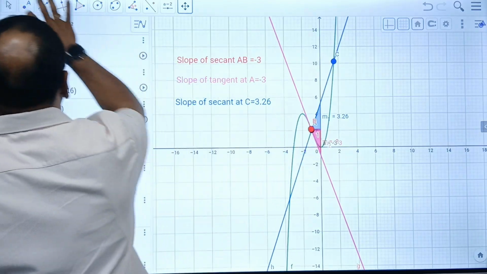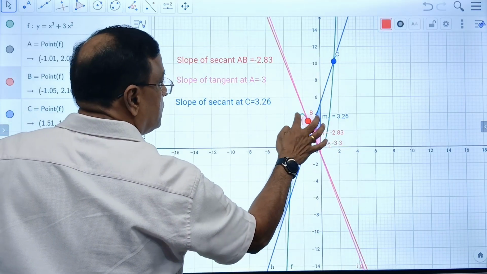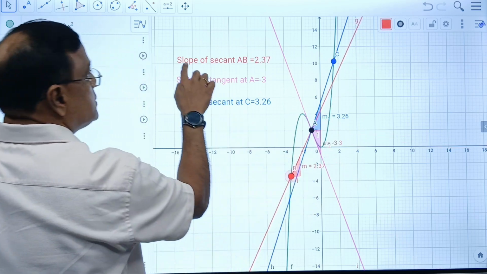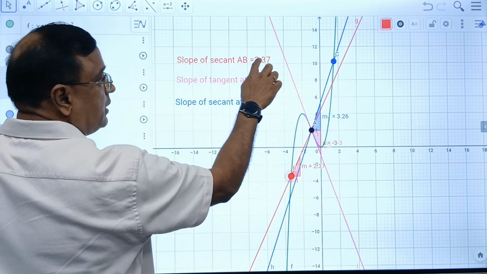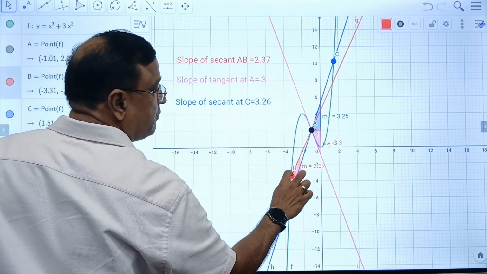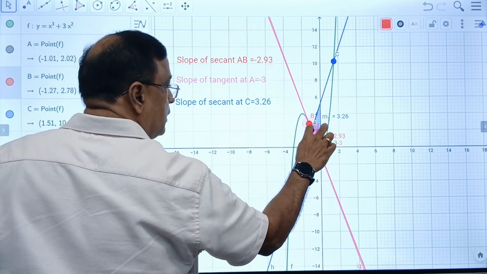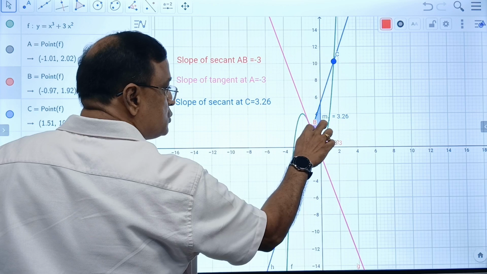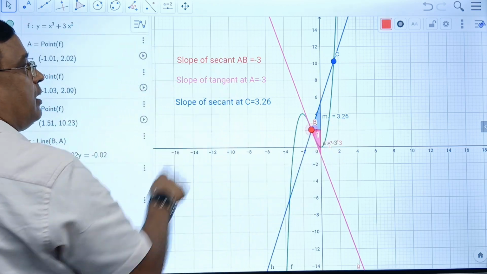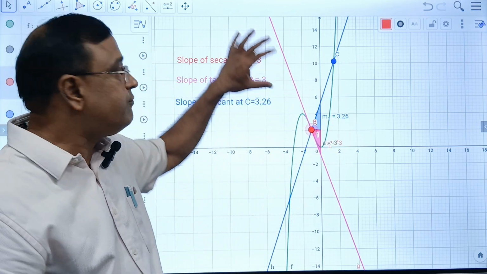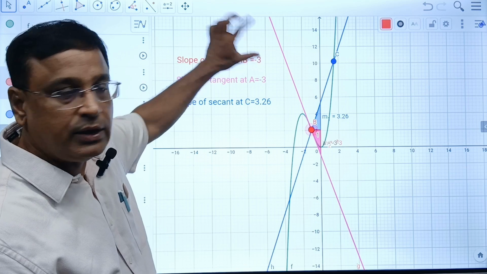Once again, I'll just show you. When I move this, look at this. This is my secant, slope of the secant AB, which is 2.37. So when I slowly move this and approach B, slope of the secant approaches slope of the tangent. So left hand derivative is f dash of 3.